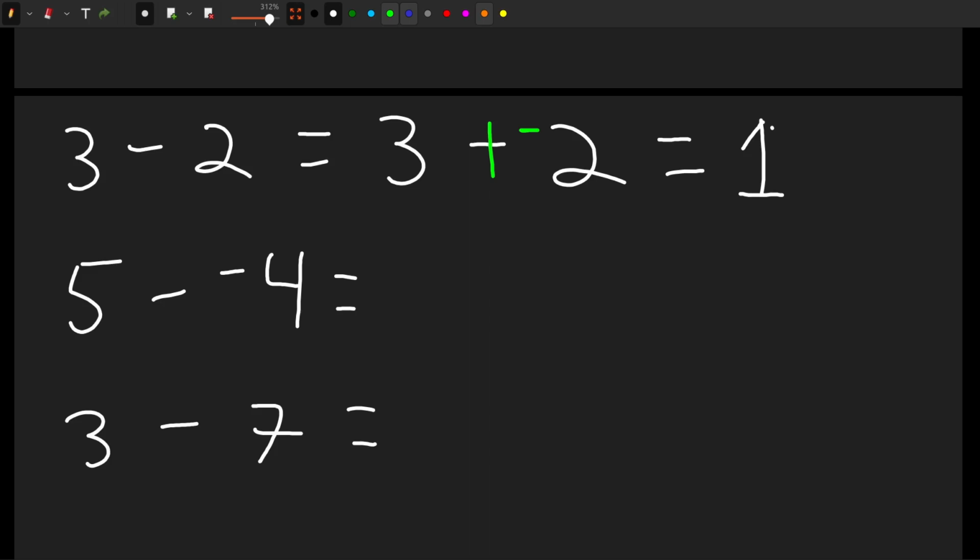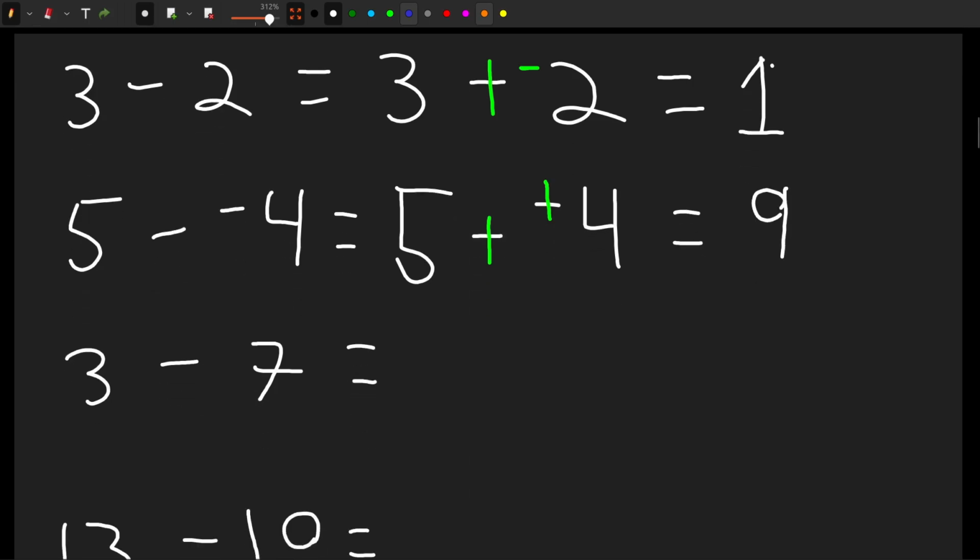So we'll do the same thing for 5 minus negative 4. I'm going to rewrite it. 5 minus negative 4. And then using our fancy-dancy trick, we're going to change the subtraction to addition, and then change the sign of the second number. So this becomes positive. And so then we see that this is a really nice number. It's 5 plus 4, which is just 9.